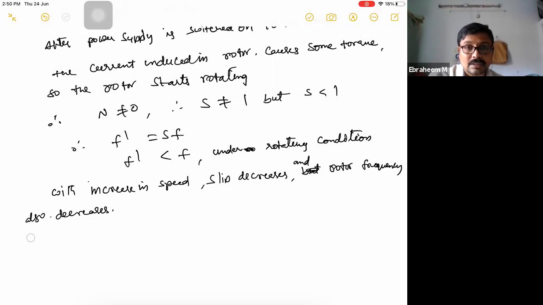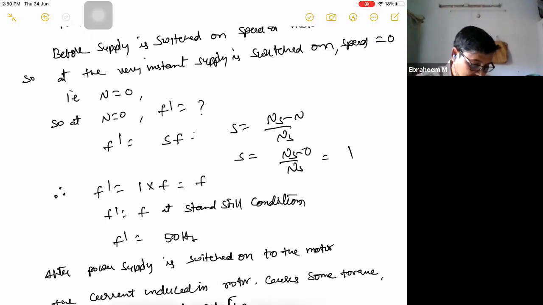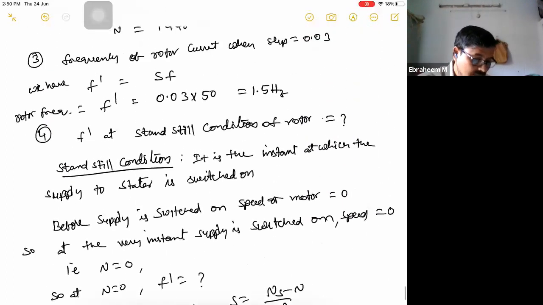So this is the slip, the synchronous speed, rotor speed, frequency of the rotor induced current, and EMF.